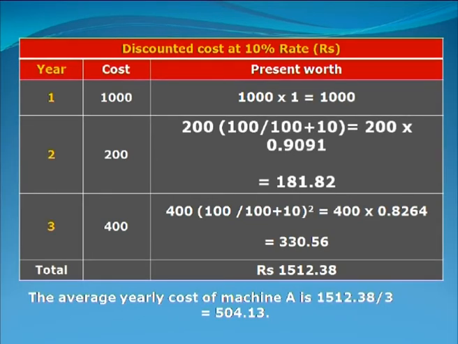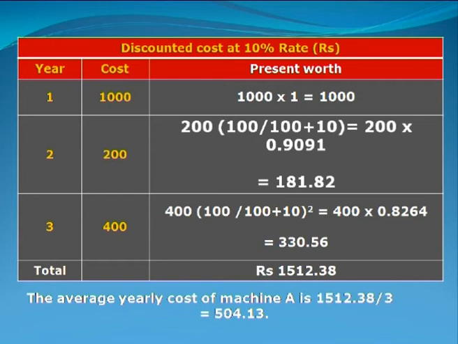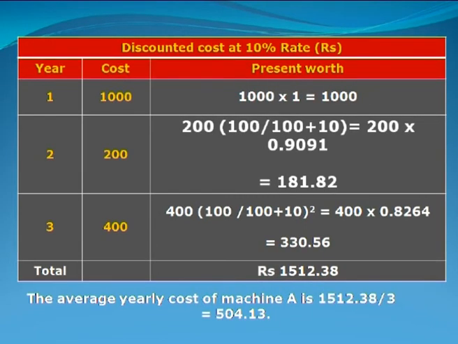Table 1 shows the discounted cost of machine A, which is calculated for 3 years as machine A is replaced every 3 years. The first column represents the time period of 3 years, the second column represents the cost of the machine for 3 years, and the next column calculates the present worth of the machine using the formula D is equal to 100 by (100 plus R) whole to the power of n.